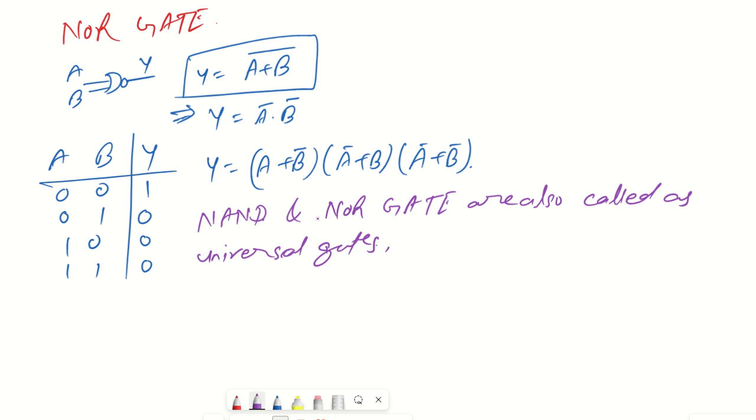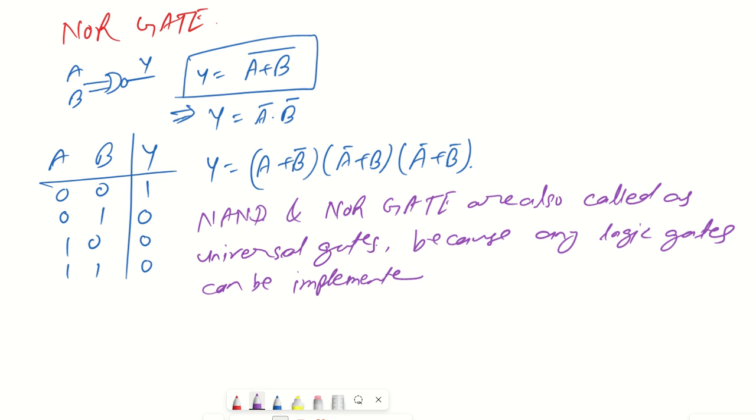Because any logic gates can be implemented using these two gates, using NAND gates alone or NOR gates alone.